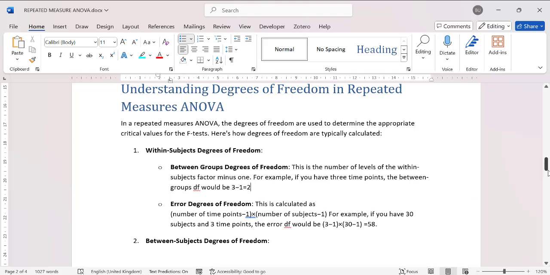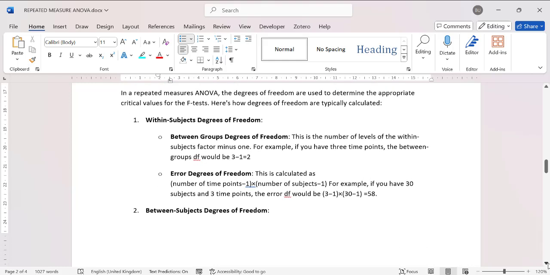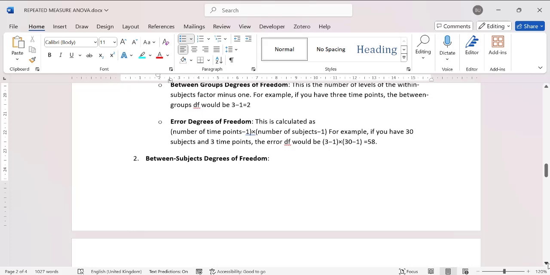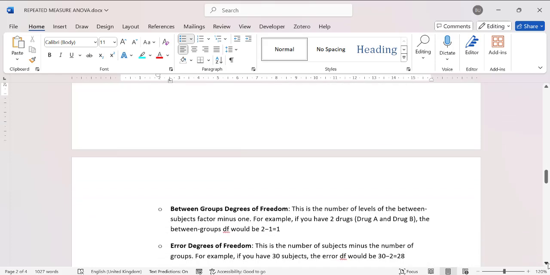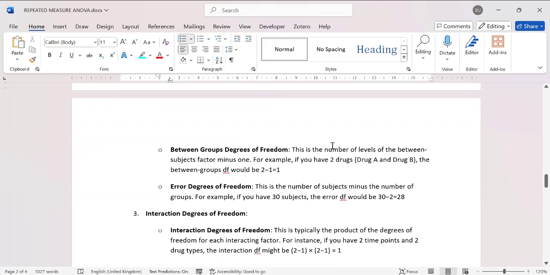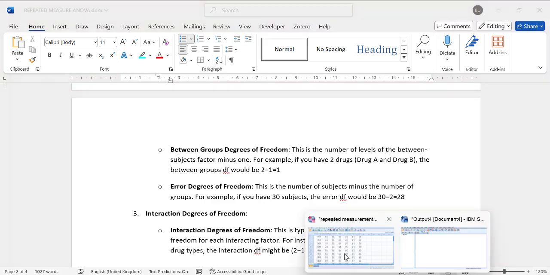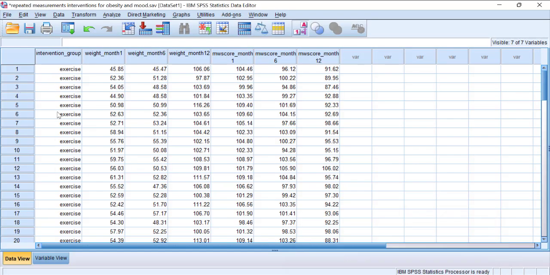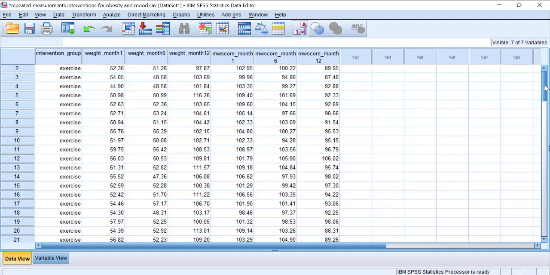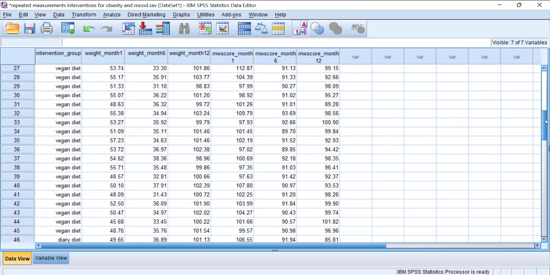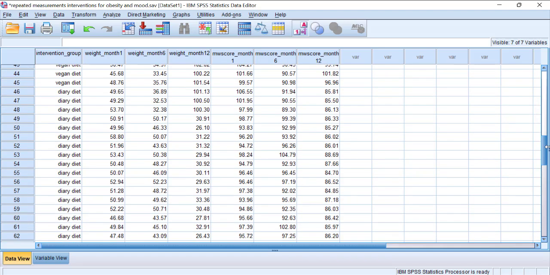Now for the between subjects degrees of freedom, you're looking at the number of levels in your research. For my own research here, I have 3 categories: exercise, vegan diet, and dairy.